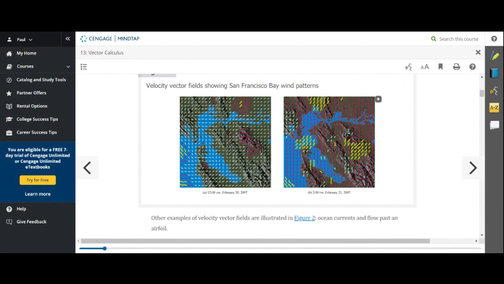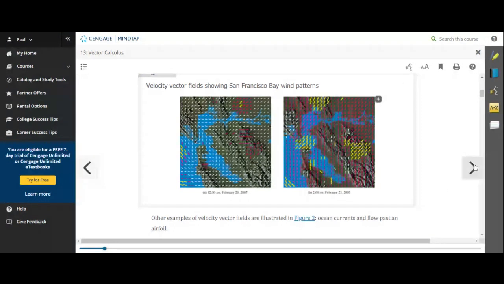In figure 1, it shows velocity vector fields showing San Francisco Bay wind patterns. And you can see the patterns vary.